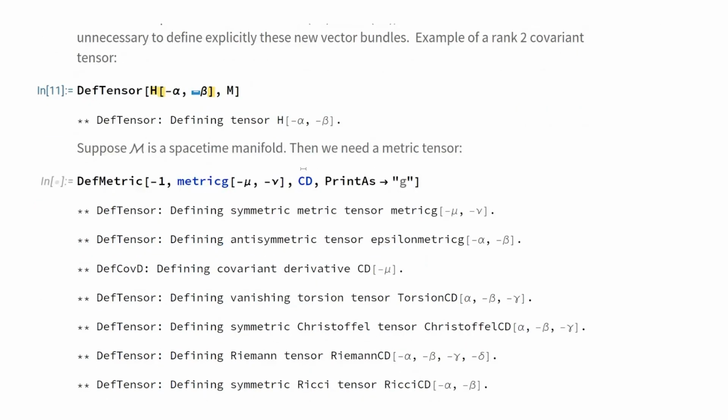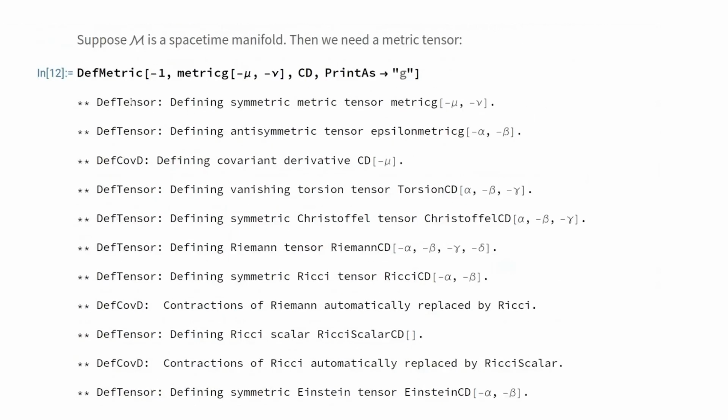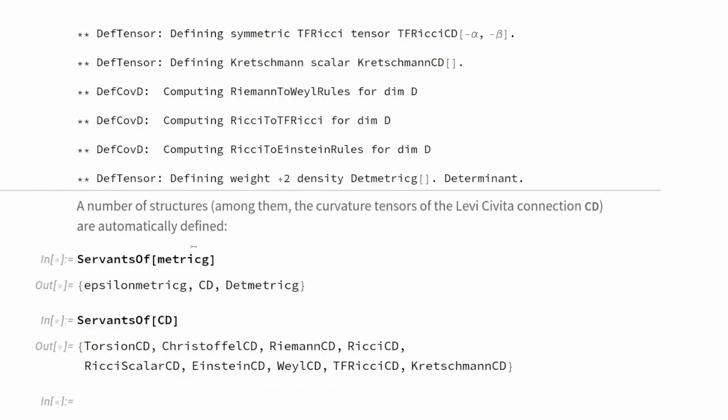And also, if in physics, in addition to a manifold, we need a metric. In other words, suppose that our manifold is a space-time manifold, so we need to define a metric. And the metric automatically defines all the structures that you need.